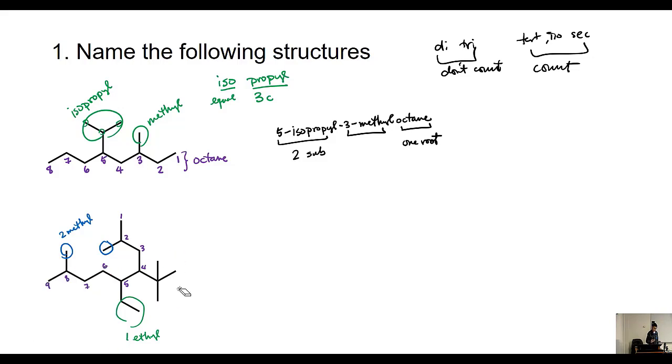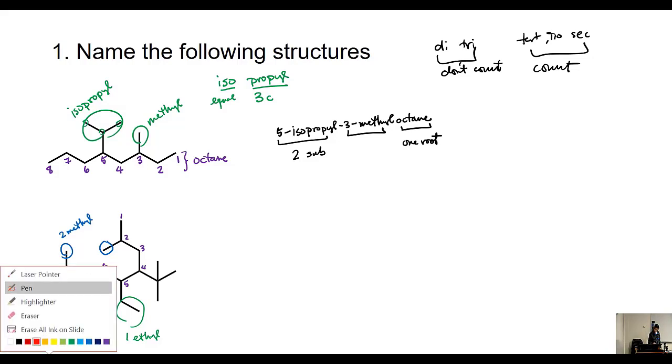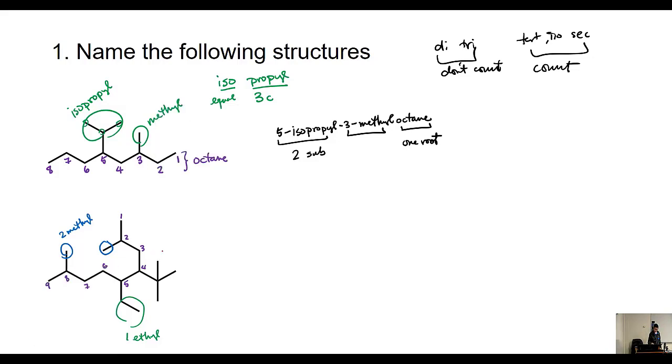Isobutyl? What does isobutyl look like? Okay, so I do have 4 carbons, so we definitely get butyl, something. But an isobutyl would look different. This is what we call a tert butyl. A tert butyl is basically how we get tertiary carbon, right?